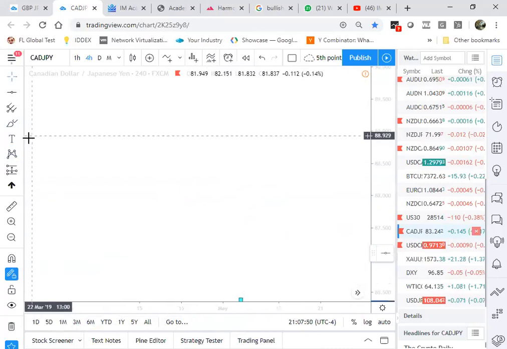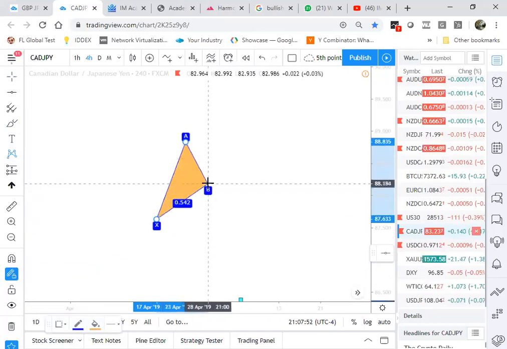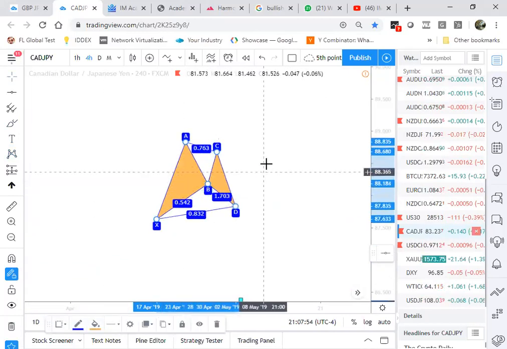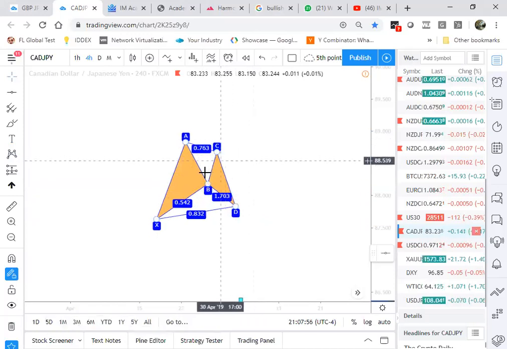Right, there's a scan, sorry. Right, so let's say that's a scan, right?